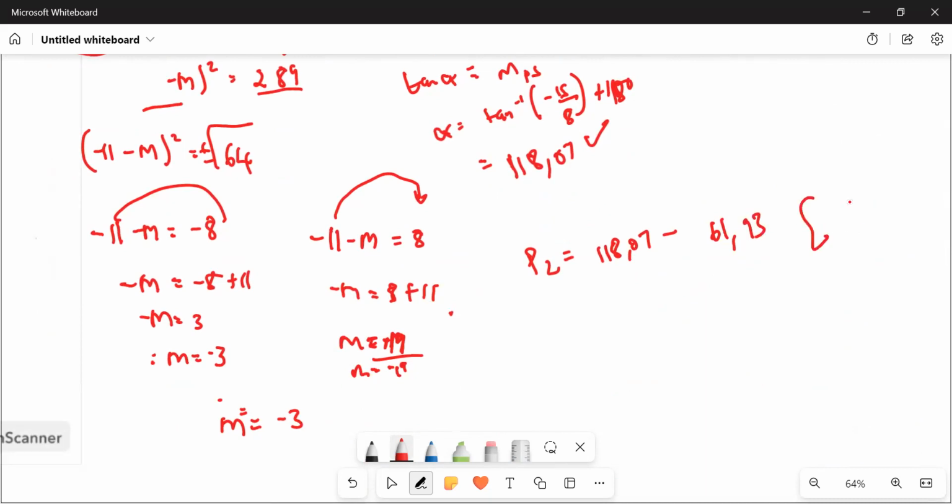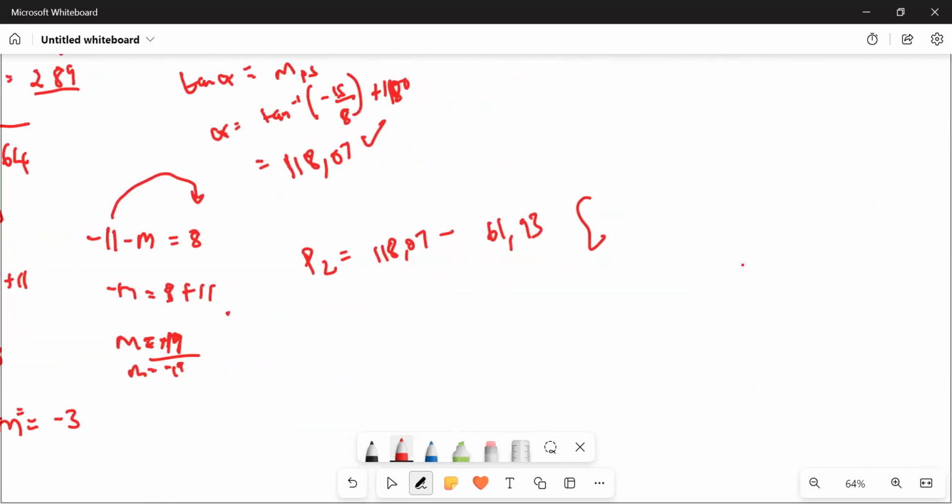Then you give a reason here. Which reason? It's the exterior angle of a triangle. And then you give the answer. What is going to be our P2? 56,141. And they give us 6 marks.